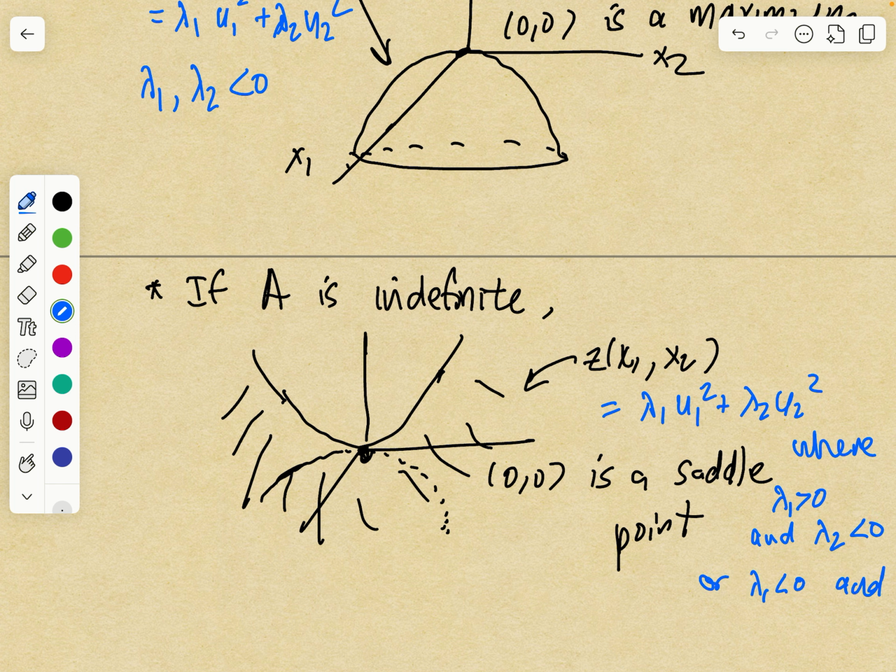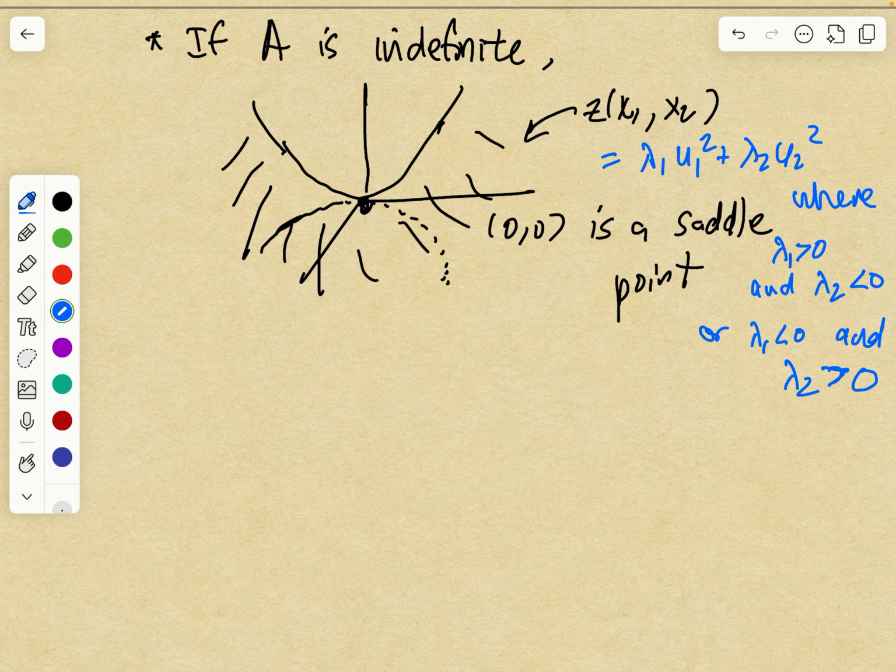In the u1 direction, the graph is going to go up or down depending on the sign of lambda 1, and in the u2 direction, it goes up or down depending on the sign of lambda 2. If they have different signs, then in one direction the graph is going up and in the other it's going down, and that means that the point 0, 0 is a saddle point.